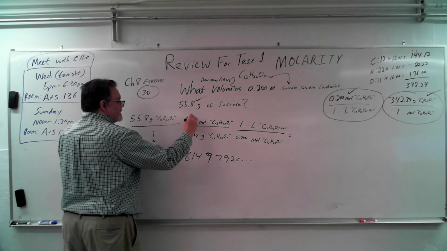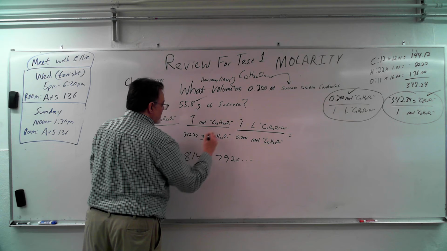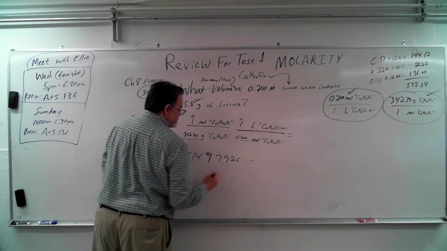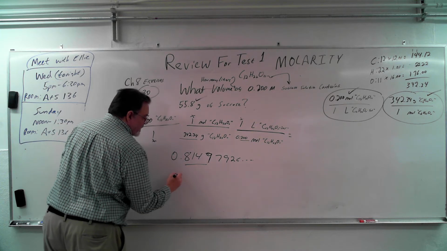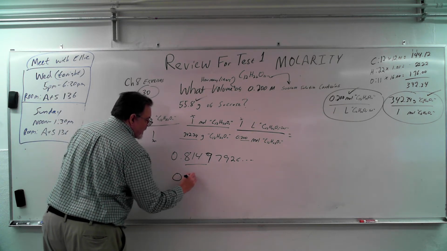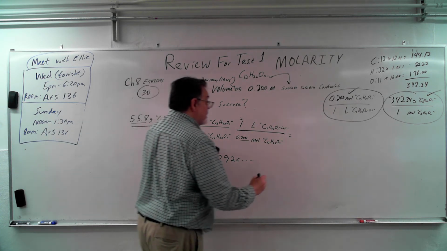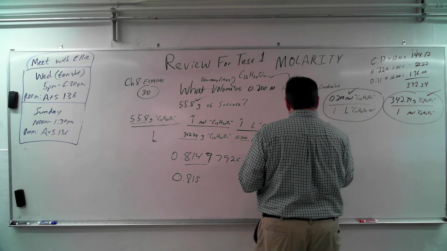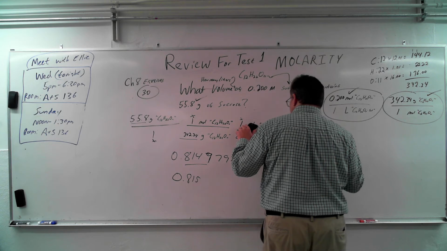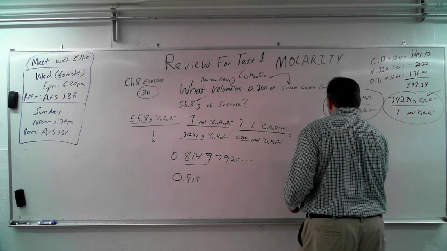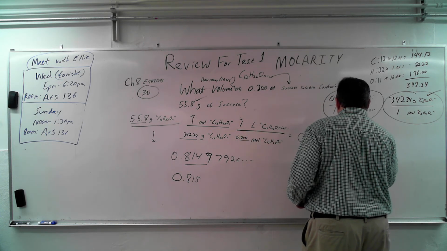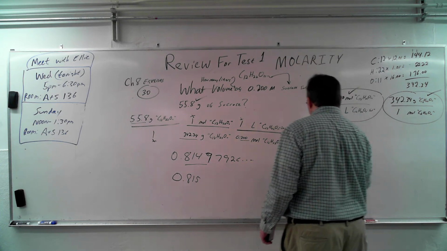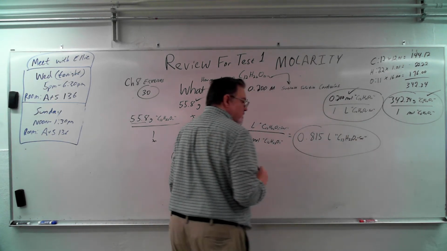That's exact. That's exact. 3 significant figures, 5 significant figures, 3 significant figures. So we want 3. So this is going to be 0.85 liters of C12H22O11 solution. Answer.